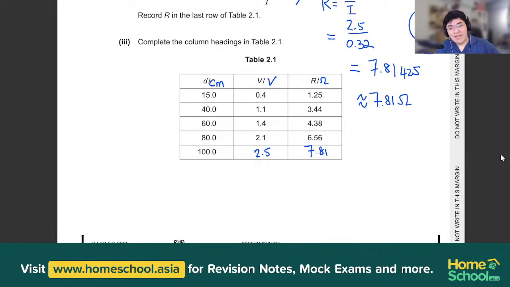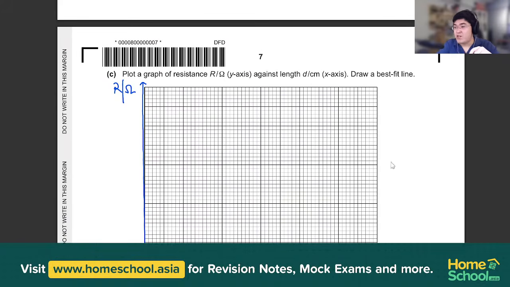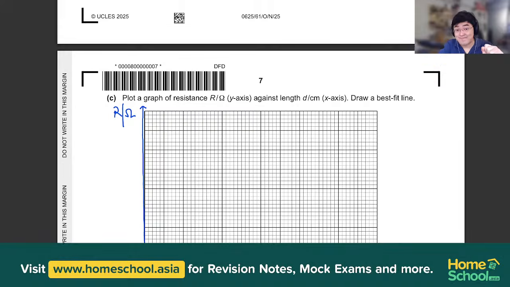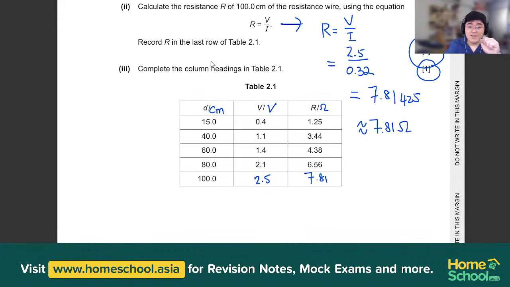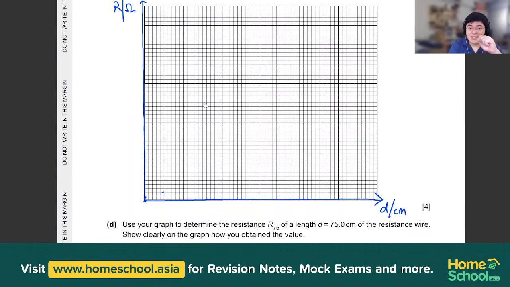Do take note, for Cambridge standards, if you are to draw a graph on the given grid over here, you are to fill up at least 70% of this graph, all right? Not doing so will deduct you marks, okay? So now that we know that it has the value from 15 to 100, we can draw a proper scale of this.